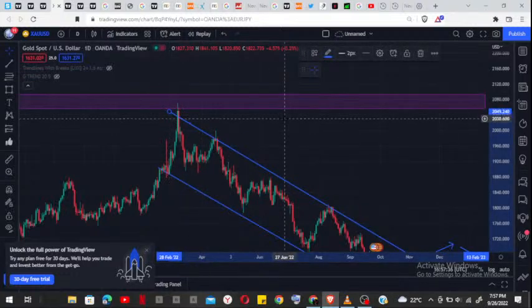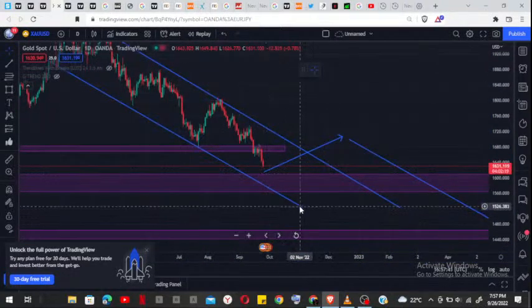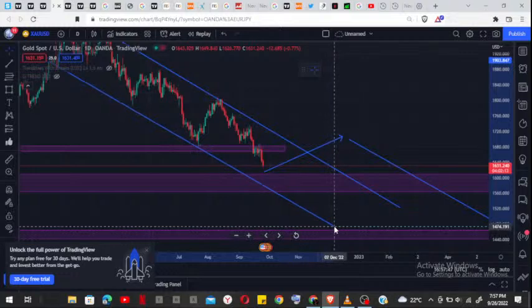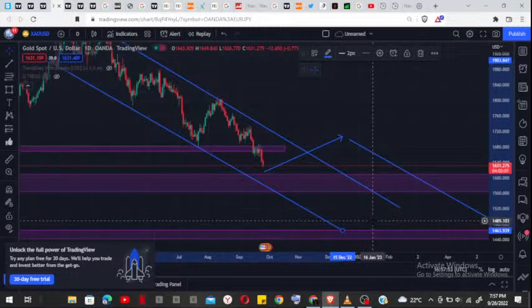So basically I have decided to draw this just to give you an overview of what might happen in the market. You can see for quite some time now, this is a trend line that I'm drawing. A trend line basically helps you know the trend of the market, that is if it's on a downward trend or if it is on an upward trend.